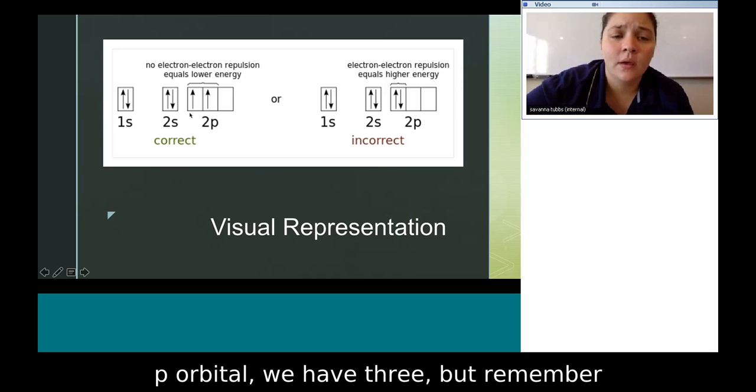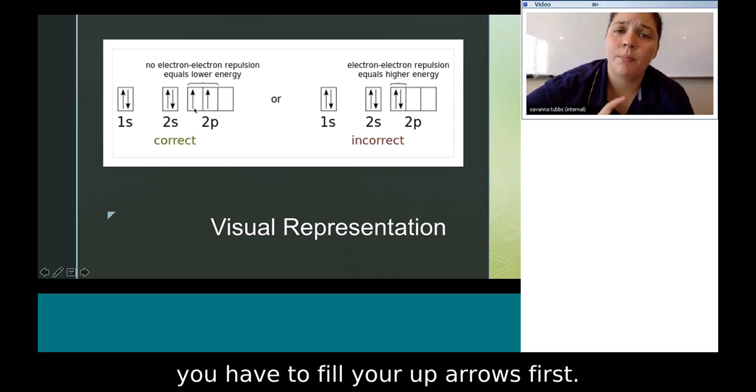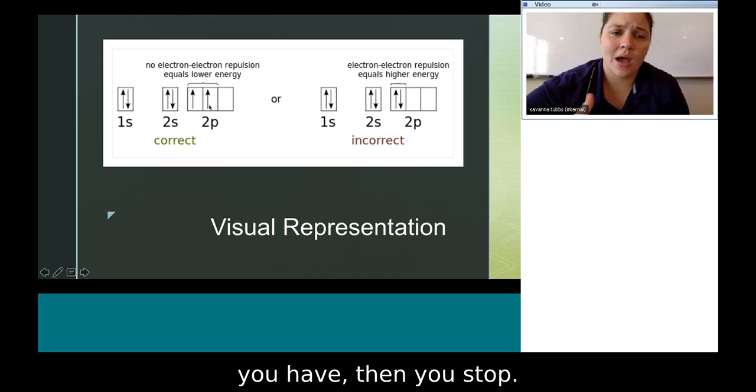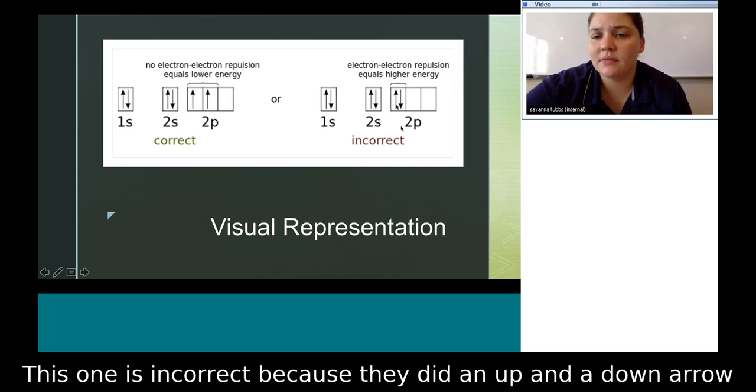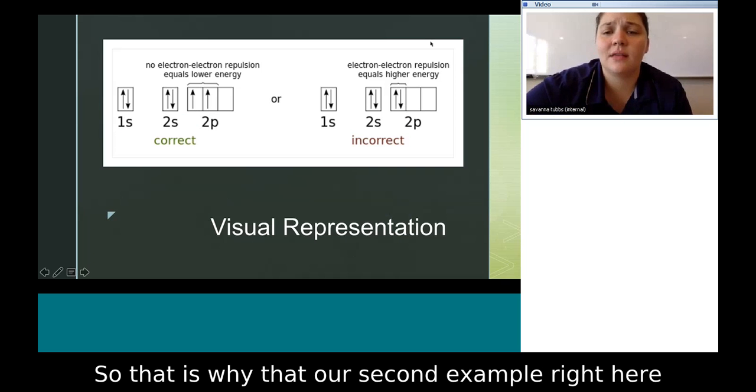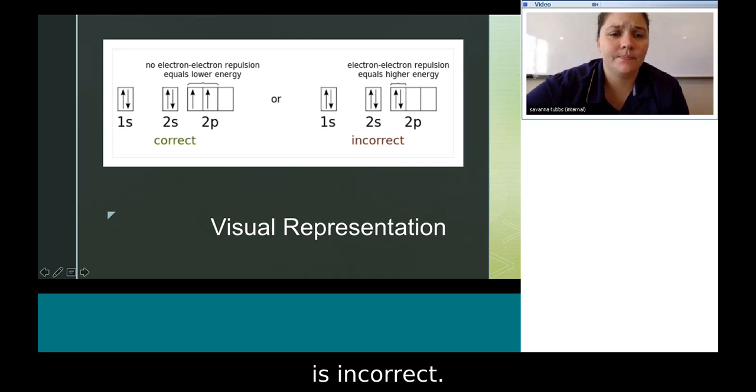P orbital, we have 3. But remember, you have to fill your up arrows first. So you do 1, 2, and if that's all the electrons you had, then you stop. This one is incorrect because they did an up and a down arrow before filling in all of those upward arrows. So that is why our second example right here is incorrect.